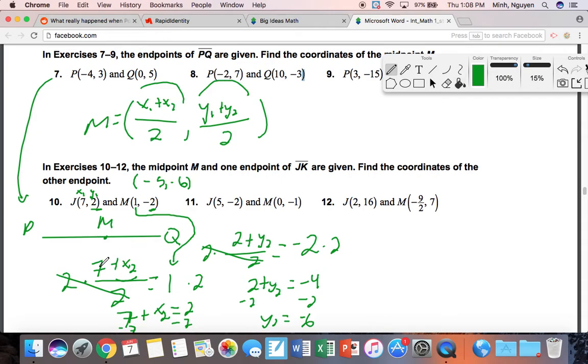So you write it out like that: x1, y1, this is the midpoint x. I'm not putting this as x2 and y2. It's just 7 plus x2, x1 plus x2 over 2 equals the midpoint x coordinate. And then y1 plus y2 divided by 2 is equal to the midpoint y coordinate.